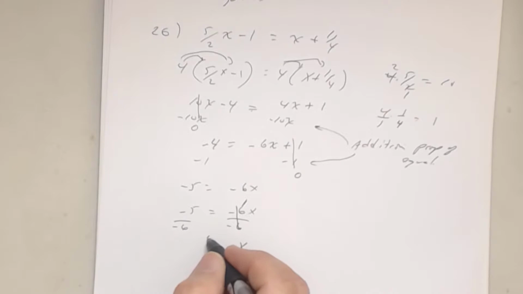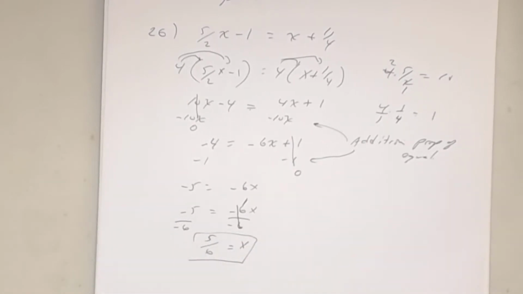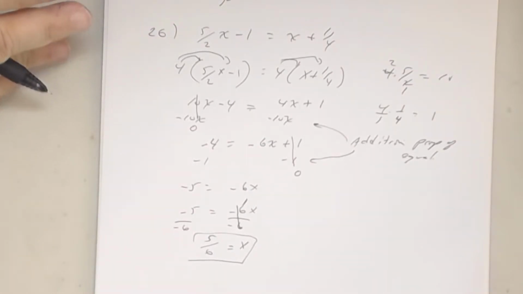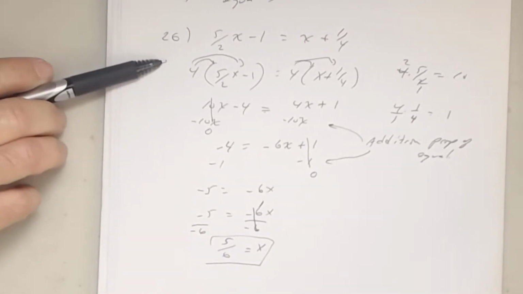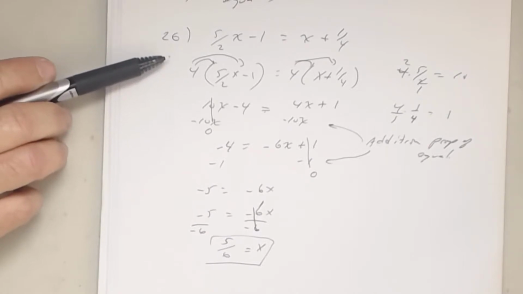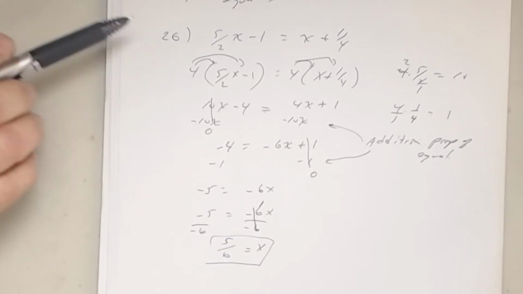And what's the answer? 5/6. That's it. Notice the steps, though. For the most part, all of you are going to show the same steps. The new thing is clearing the fraction. I'm multiplying both sides by the LCD. Notice we enclosed each side in parentheses since there was more than one term.